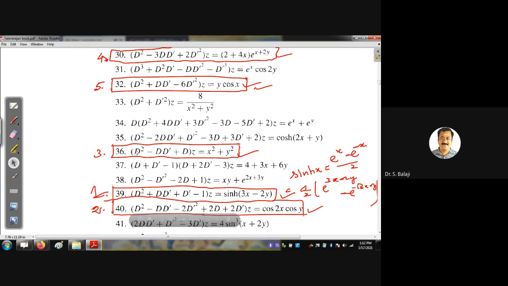Third problem, this one, it is type 3: D square minus DD dash plus D, only D here, plus D of z equal to x square plus y square.